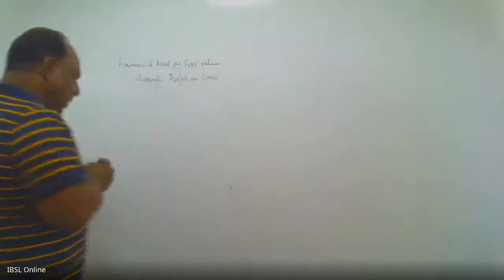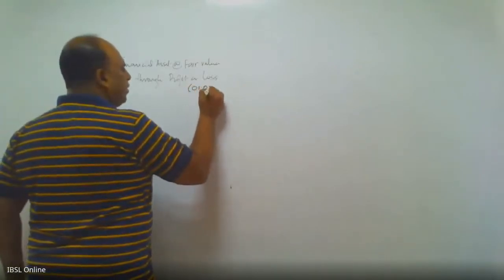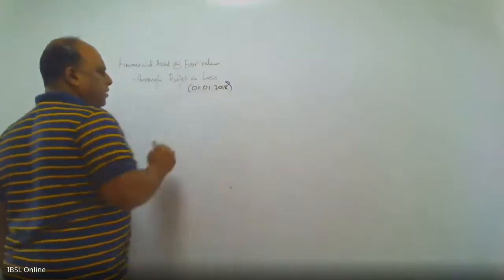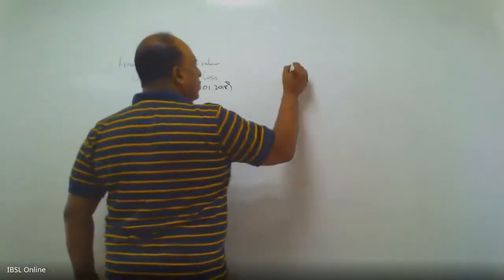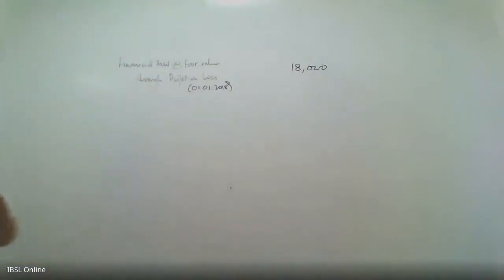First we have to know that these financial assets are maintained at fair value. As of 1/1/2018, that is at the beginning of the financial year, it is 18,000. But our problem here is we have to calculate the fair value as at 31/12/2018, because our financial year end is 31/12/2018.